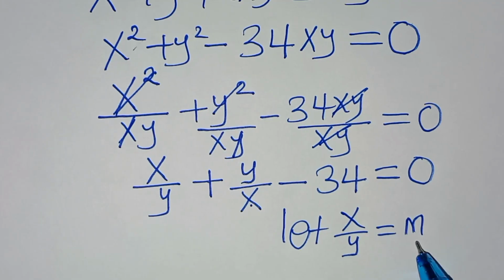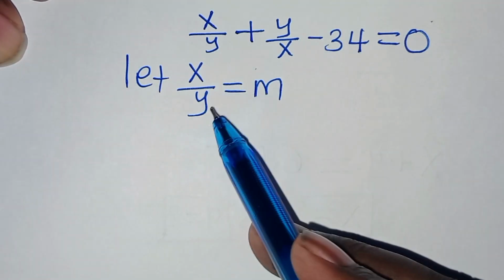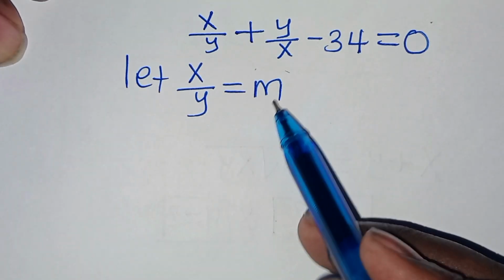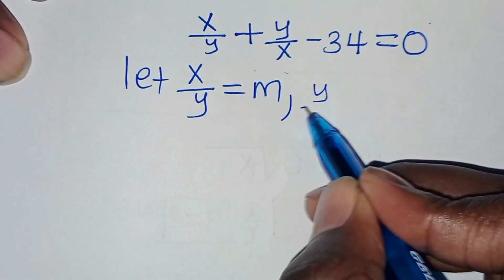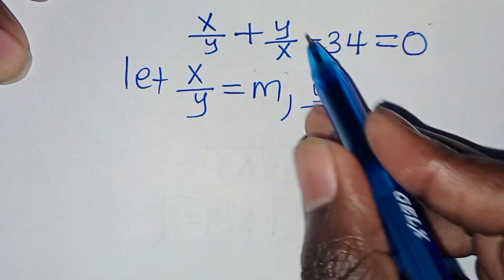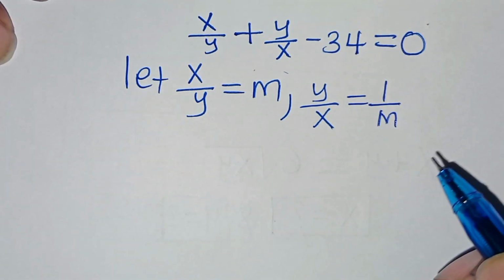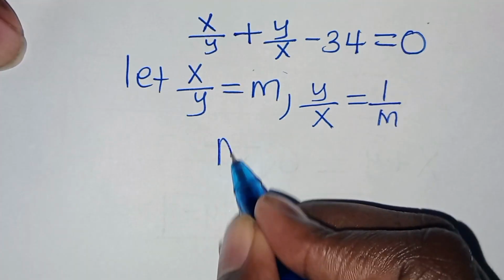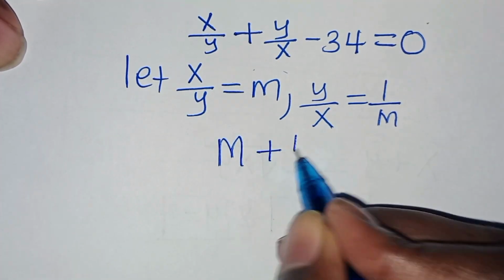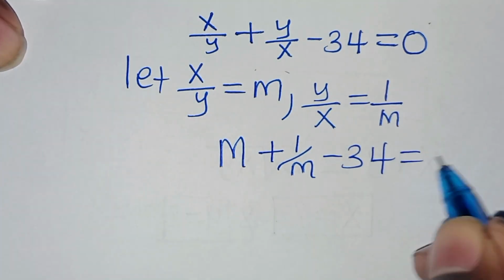Substituting this, y over x is the reciprocal, which is 1 over m. So let's substitute this: we have m plus 1 over m minus 34 equals 0.